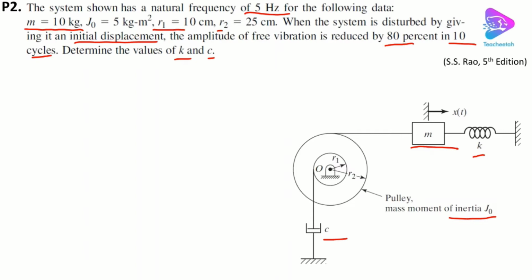So if we look at x and we give a virtual rotation to the disk, calling it theta, and knowing that theta is basically the degree of freedom of the pulley, let's see what the relationship is between theta and x.